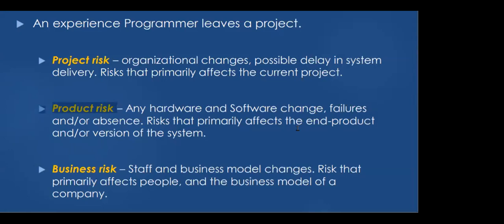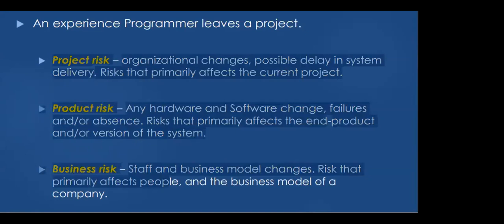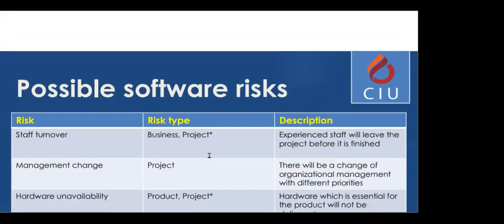When we talk about a big technological change in our industry, it actually falls into all three categories. It will affect our resources and time, it will affect the product, it will also affect our business. So more often than not, when a risk happens, it actually affects all three categories at once.